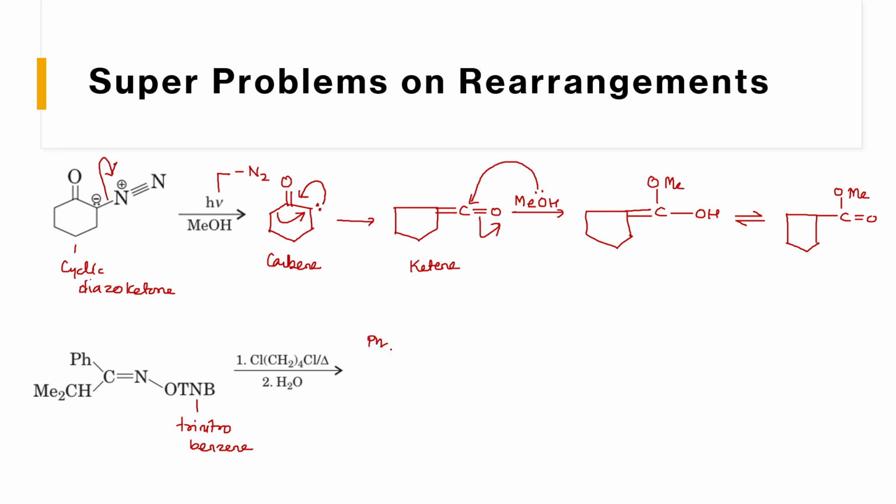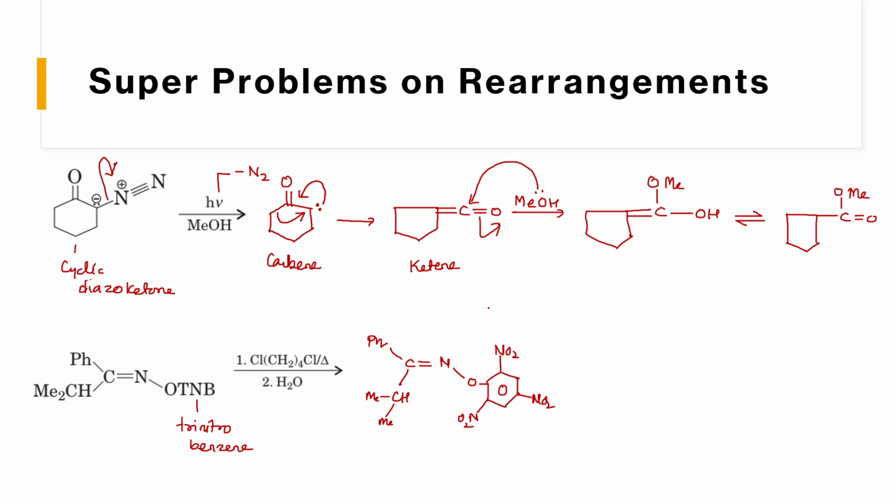So Ph, C, CH3, there's Me, Me, double bond N, O, trinitrobenzene. So it will be like this: NO2, NO2, NO2.